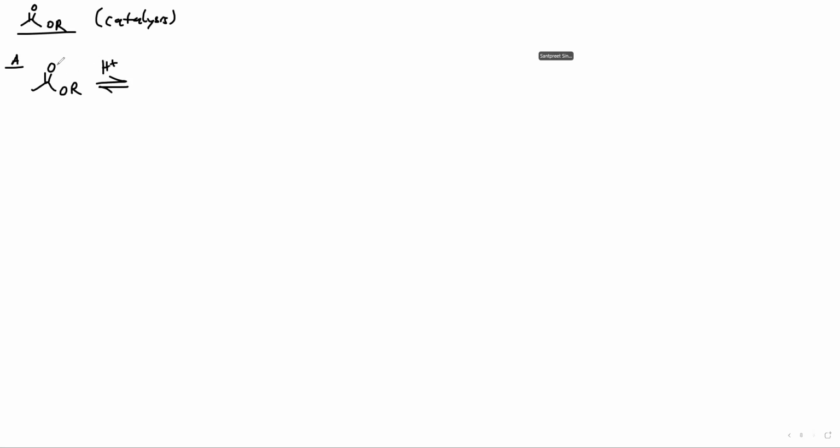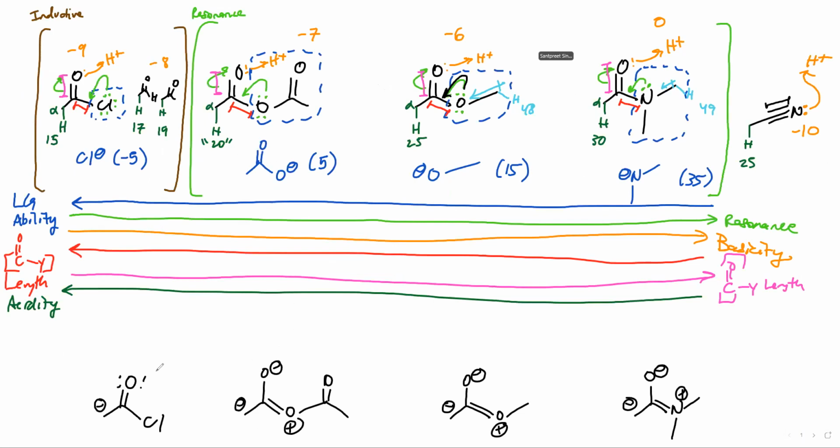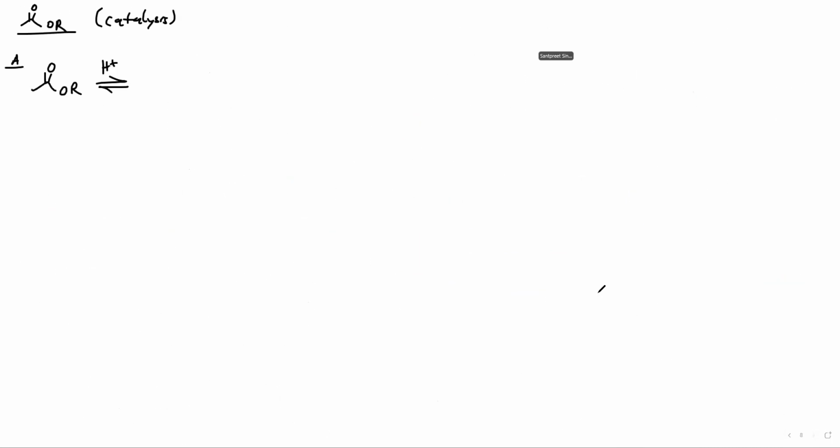Whenever we have acid, there's a proton, and something's going to get protonated. Essentially, the ester is going to act as a base here. So how do we determine basicity? We looked at these resonance forms here, and we said there is an O- on the carbonyl oxygen, so that's where it's going to get protonated.